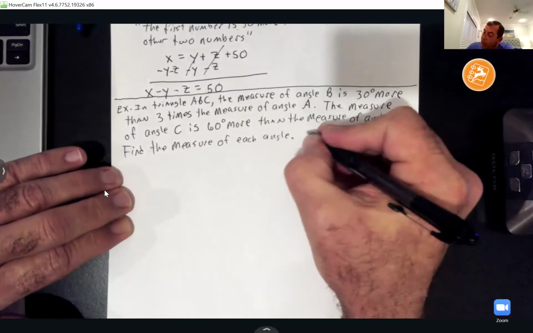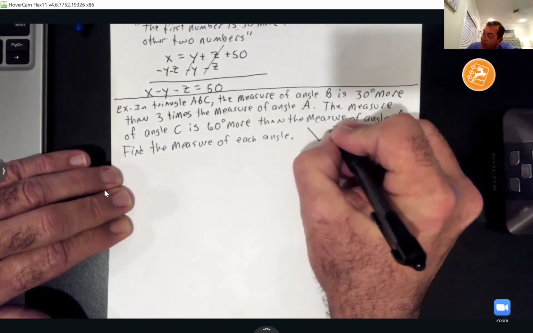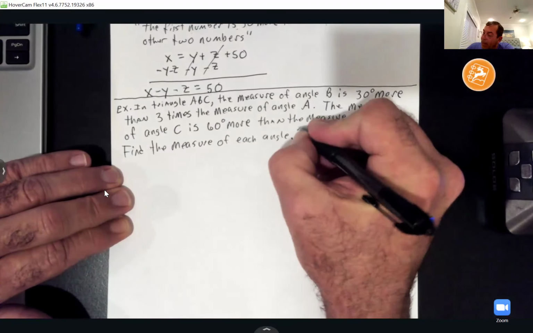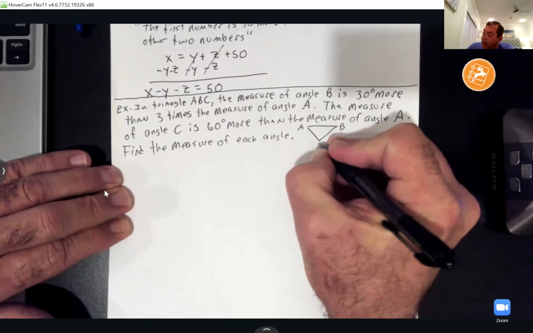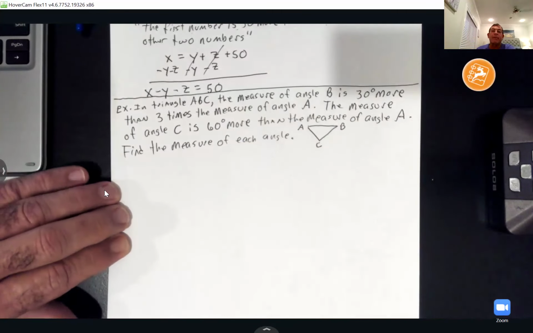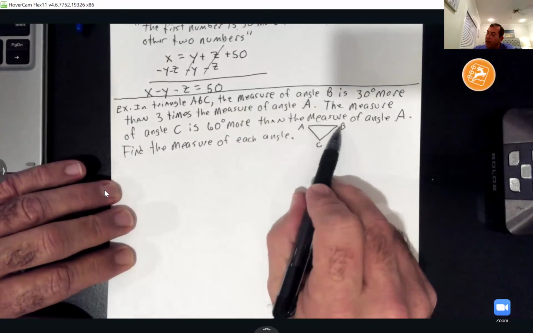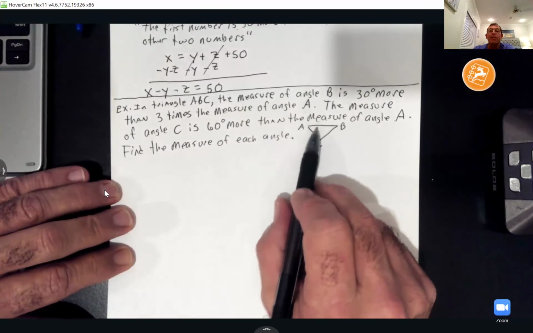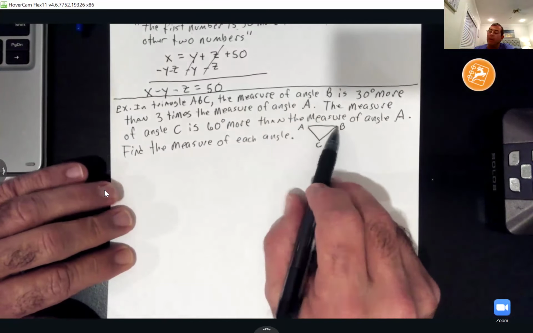So y'all, basically what they're saying is we got some triangle sitting here, and we got an angle A, angle B, and an angle C. And they want us to figure out what is the measurement of each of these angles.